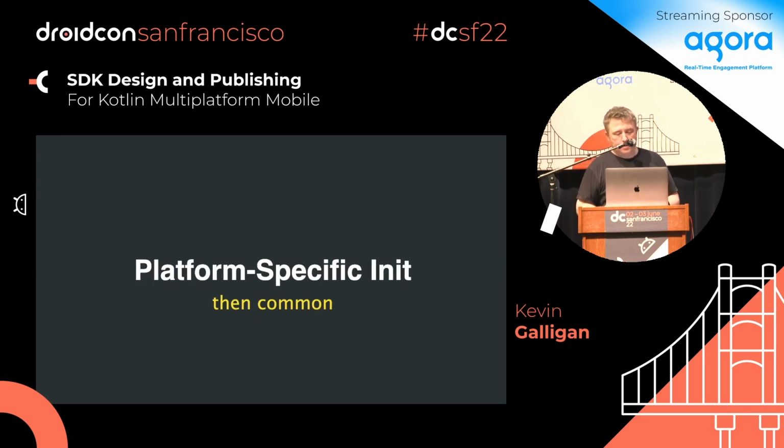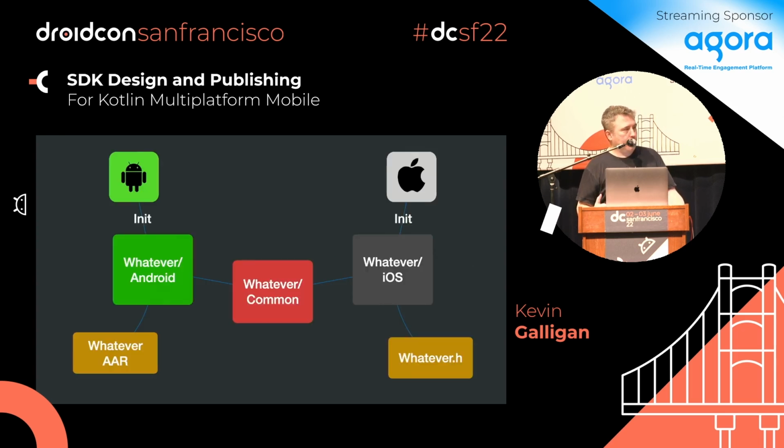But I would say one thing that I find people fighting initially, and then they kind of grudgingly come to it, is platform-specific init. At this point, for SDKs and apps, I just assume you're going to have to do a platform-specific init. What I mean by that is when the app starts, you got to call into some platform-specific code to do some things.